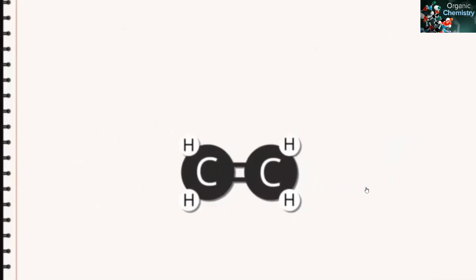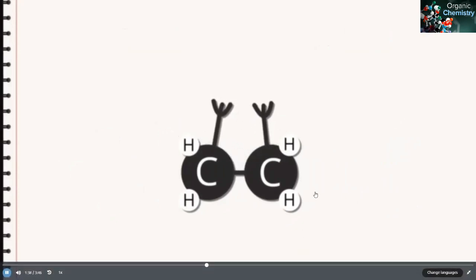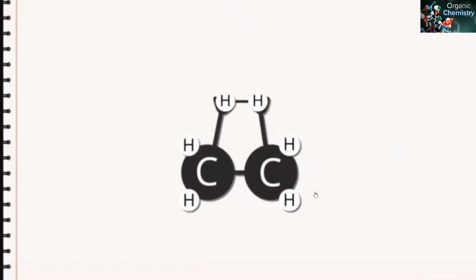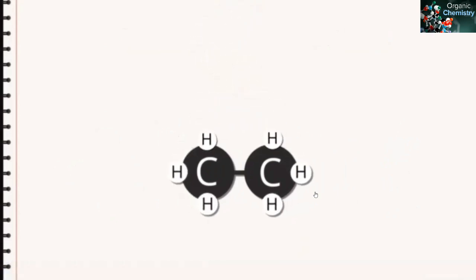How are the properties of the hydrocarbon affected if there's a double bond instead of a single bond? The double bond is pretty unstable. The compound can easily add more atoms or groups of atoms. For instance, the ethene molecule can add a hydrogen molecule to form ethane.